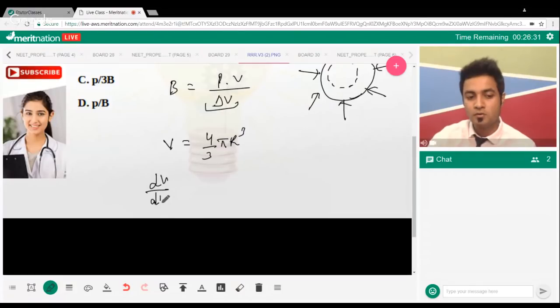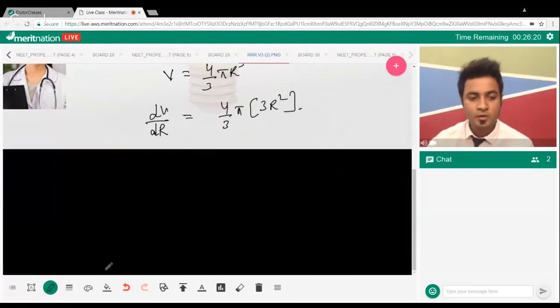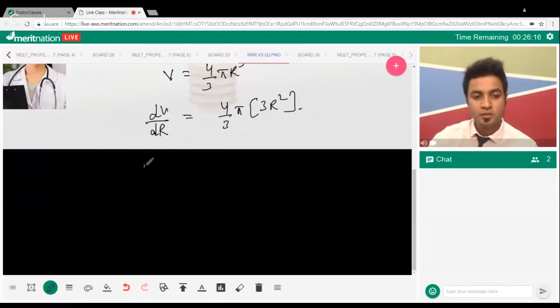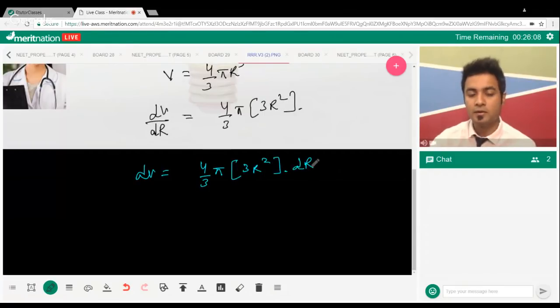With respect to radius, this will become 4 upon 3 pi 3 r square, right? So dV is equal to 4 upon 3 pi 3 r square dr. Then you divide it with the original equation. So what would you get?